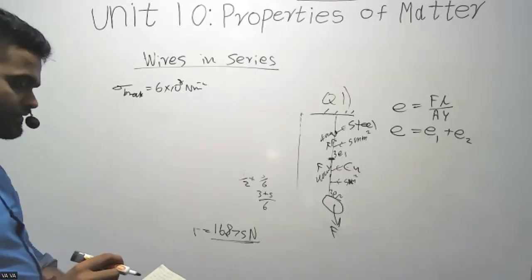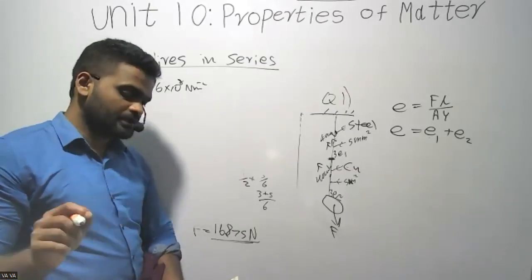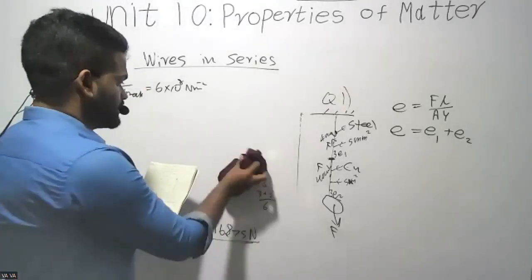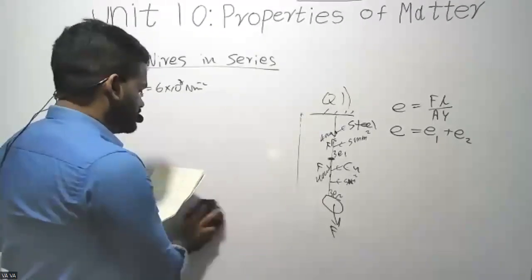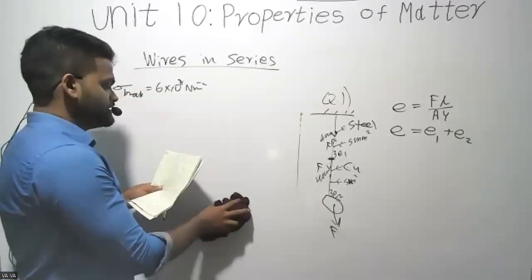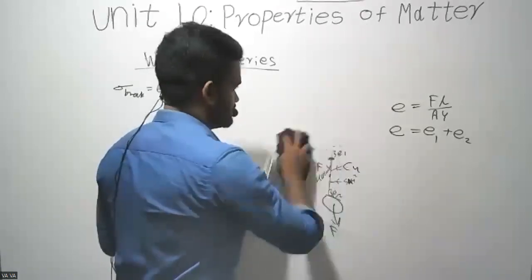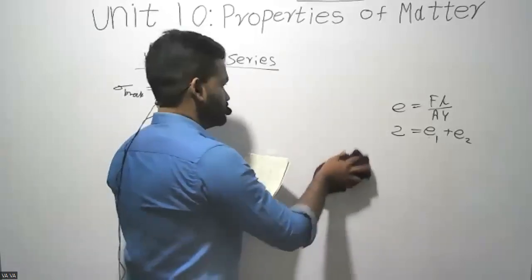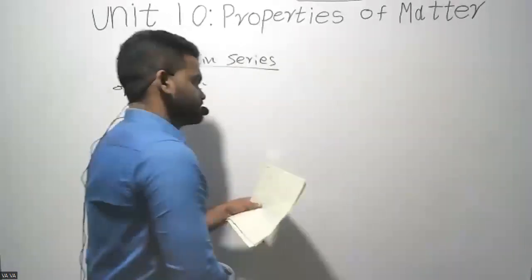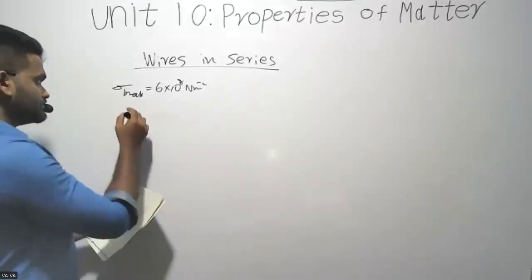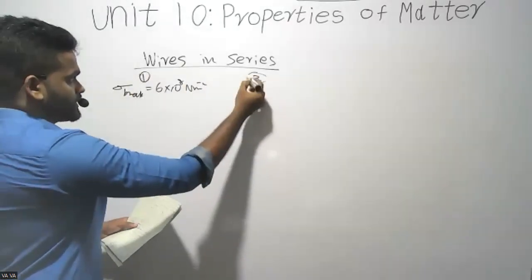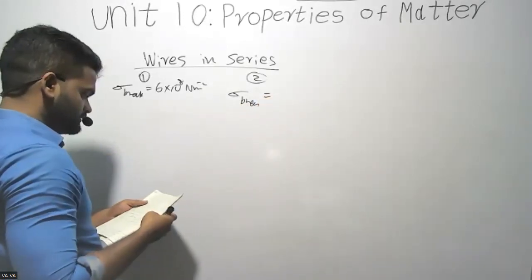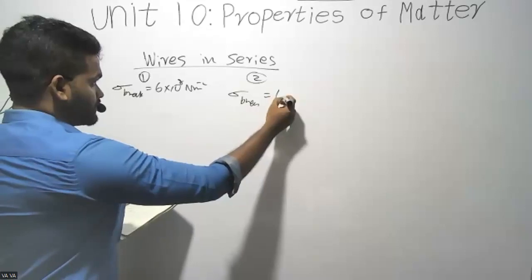Another wire is made of a material with break-in stress 4 times 10 to the power 8.